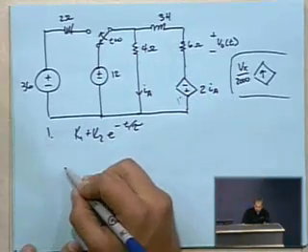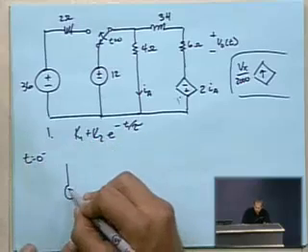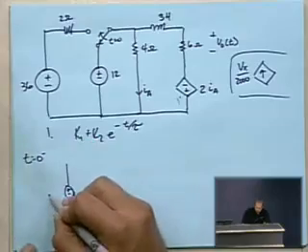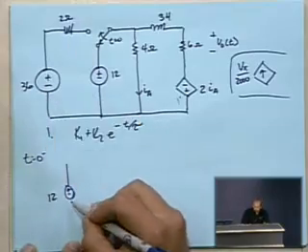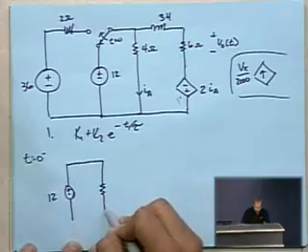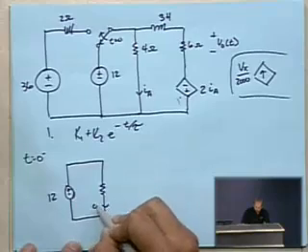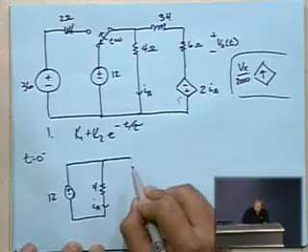So the circuit at time equals 0 minus has the 12 volt source. The 36 volt source and the 2 ohm resistor are gone. We have the 4 ohm resistor with the current IA running through it. We have a short circuit here.